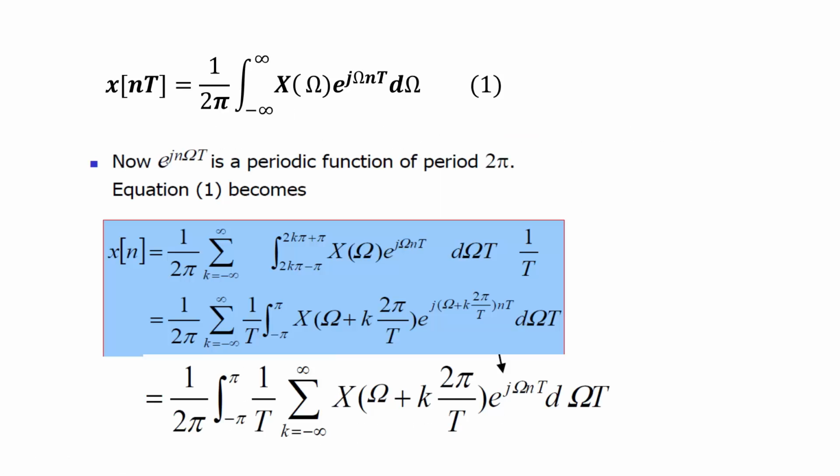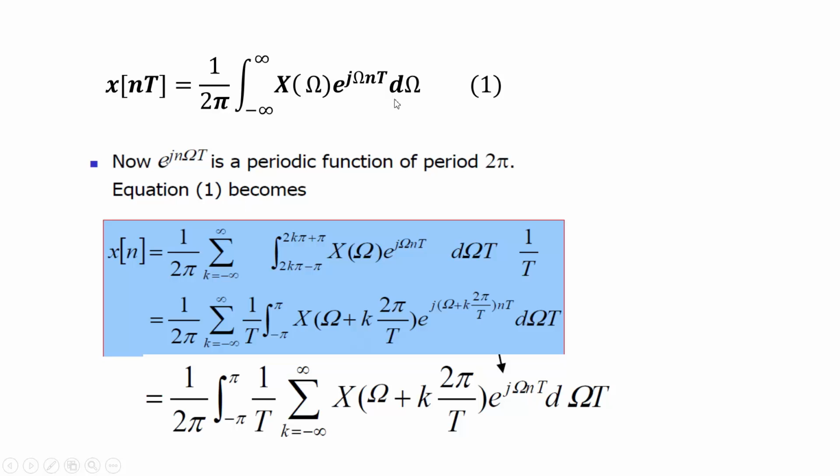Now, this factor e to the power j big omega n capital T is the phase factor. It is a periodic function of 2 pi. The spectrum, that means this analog spectrum, will repeat after every 2 pi in the digital domain.